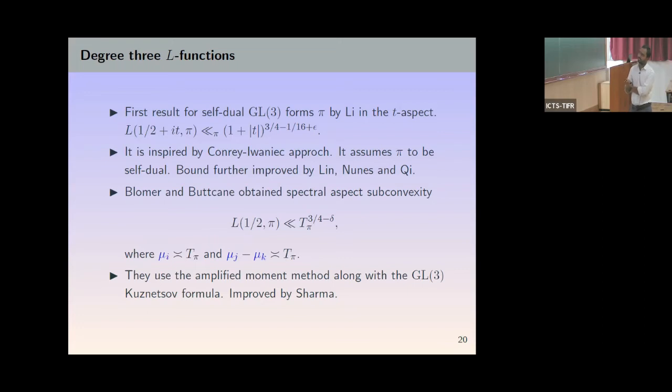He generalized the same method, and indeed he considered the Rankin-Selberg form, GL3 times GL2, and obtained a much better bound. If you take the GL2 form to be an Eisenstein series, then you can recover this result, with a better exponent.